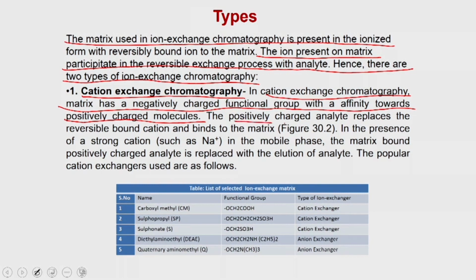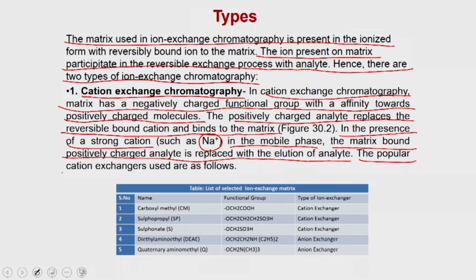The positively charged analyte replaces the reversibly bound cation and binds to the matrix. In the presence of a strong cation such as sodium in the mobile phase, the matrix-bound positively charged analyte is replaced, with the elution of the analyte.